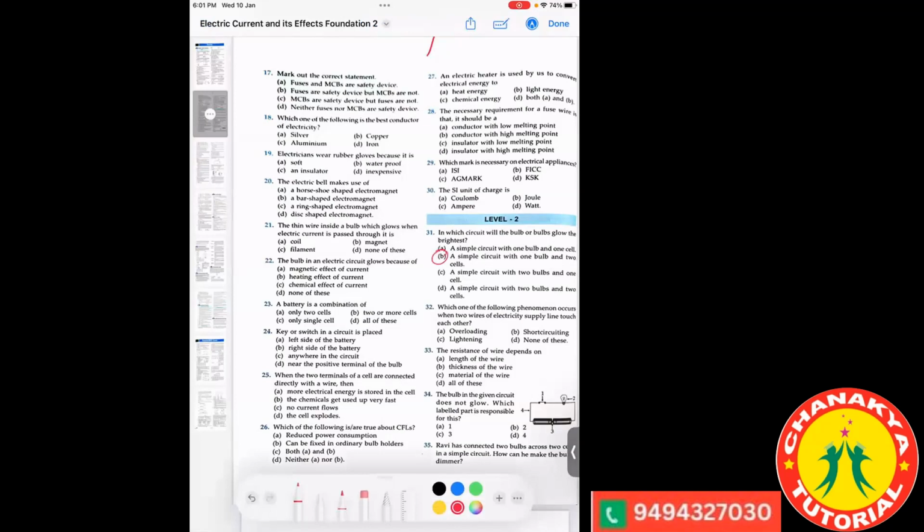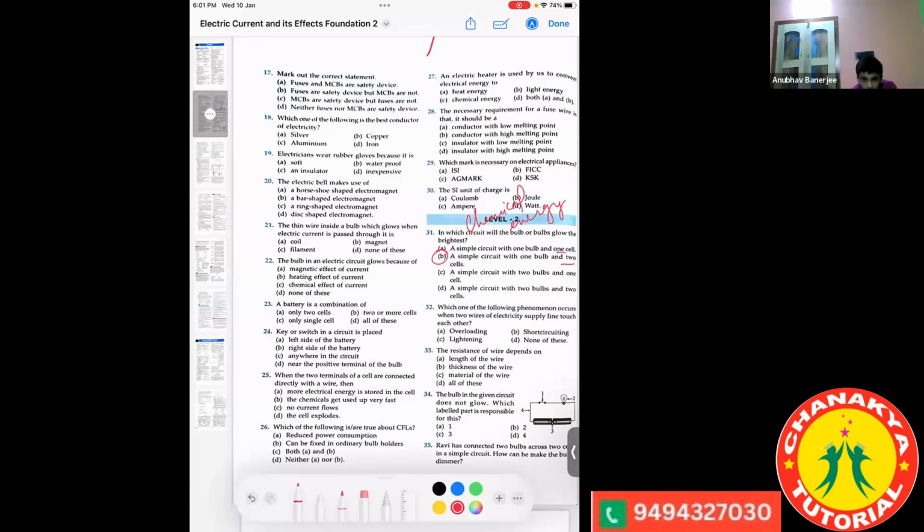Because when we take one cell, the chemical energy will be less. But when we take two cells, the chemical energy also increases, and because of which the bulb glows the brightest. So because of that reason, we select option B.